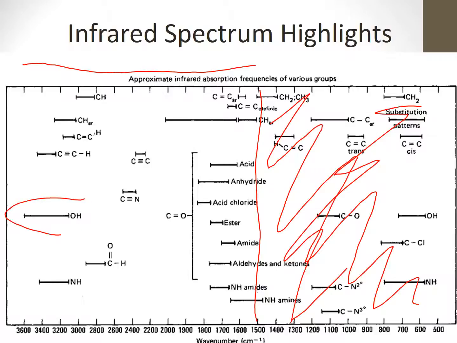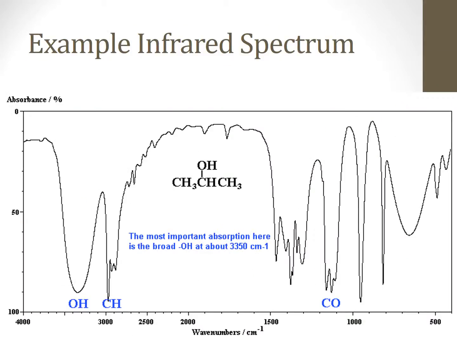One big one that I want to take a look at is that OH, the alcohol functional group there. That's definitely a big one. So if we go to the next slide, I actually have an example where we can really see this big alcohol peak there.